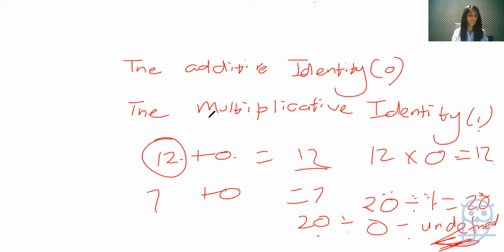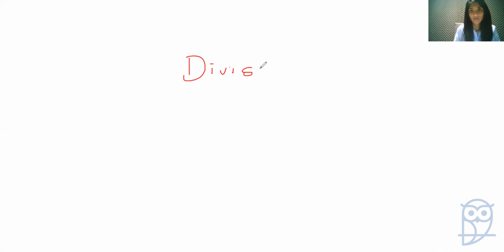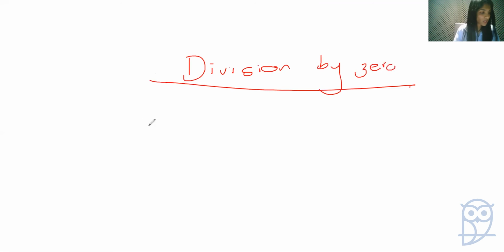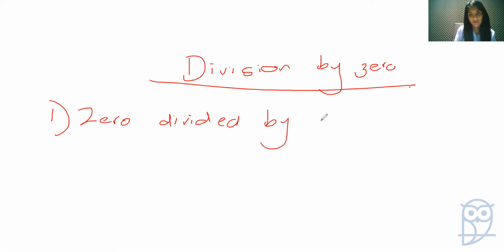Okay, so now guys, we're going to do a few calculations involving division by 0. The two important properties you have to understand when dealing with division and the number 0 are, firstly, 0 divided by any number except 0 will always be 0.